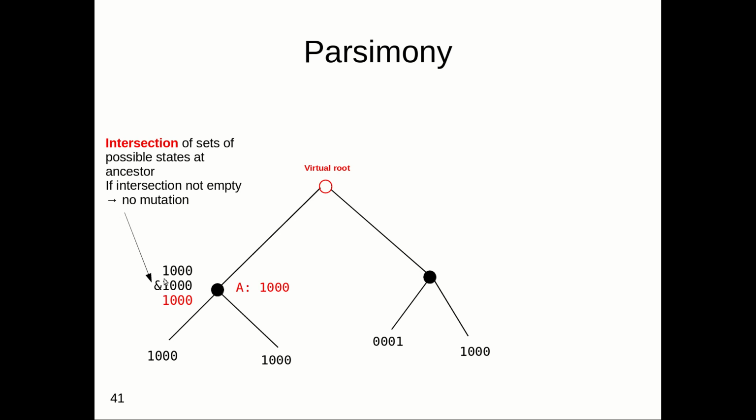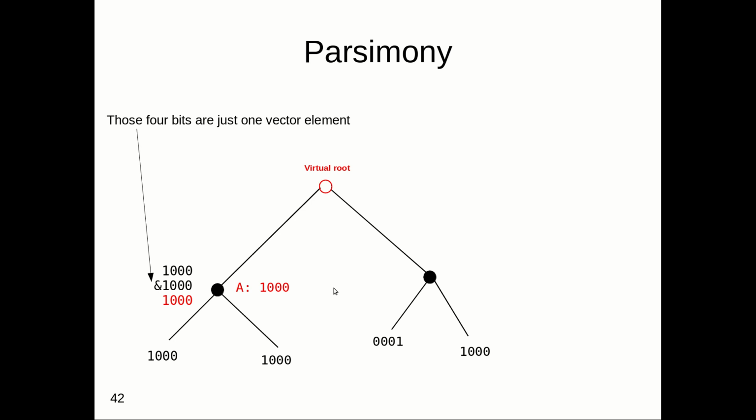So the intersection here of those two set representations of nucleotide states is just like the bitwise AND operation on the two child vectors. So here we see that the intersection is not empty. This means that no mutation has happened when going from the two children to this node here. And so the ancestral state at this inner node here is A, once again represented as a set that is modeled by a bit vector. Okay.